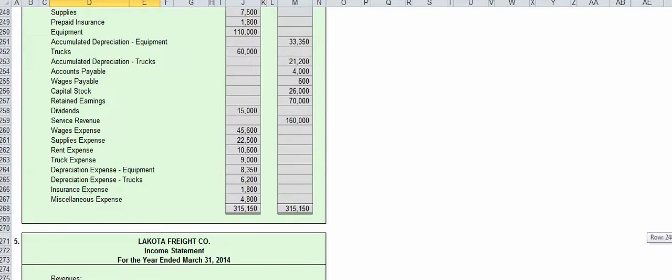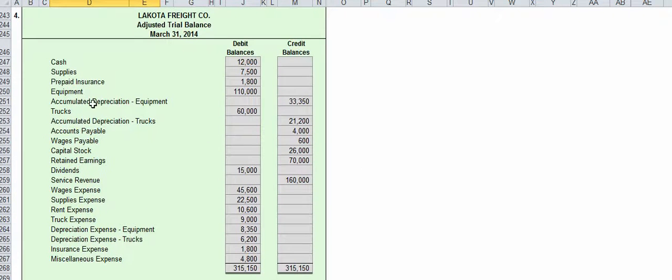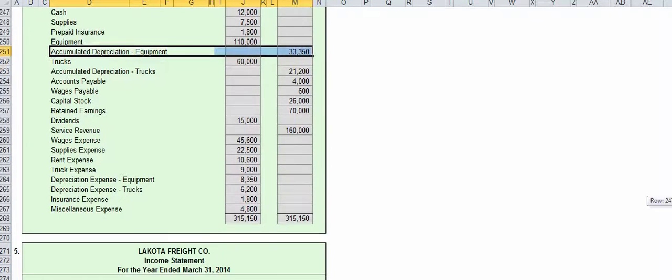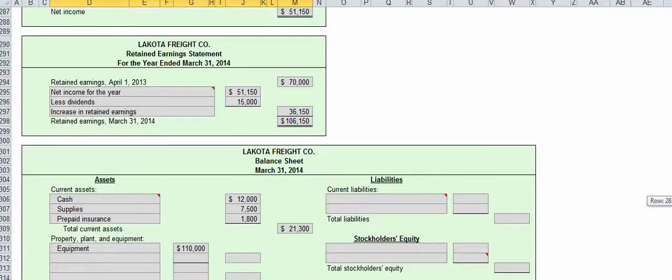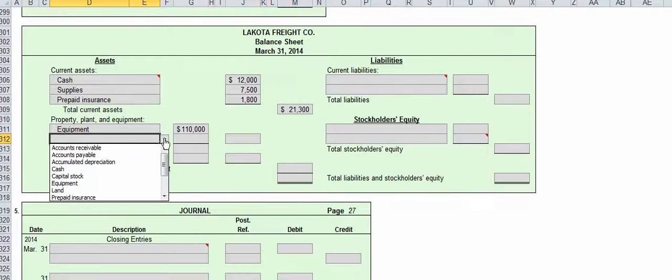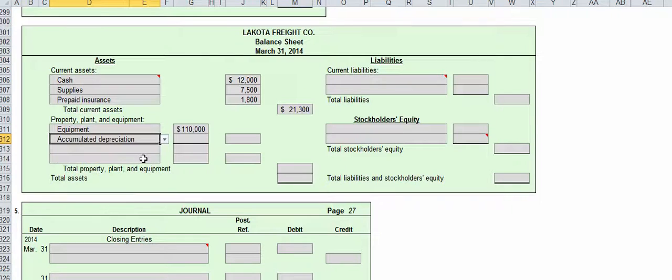Let's pick up its accumulated depreciation, or the accumulated depreciation on equipment, which is $33,350. You don't have to put dash equipment here because we're pairing it with that account on the balance sheet, so the readers would know that it goes with the equipment.